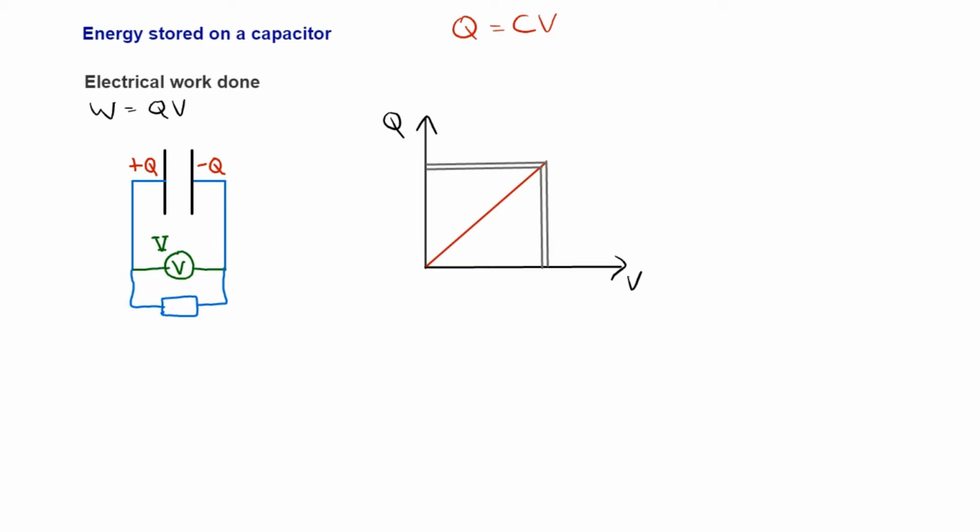So in other words, here my value of potential difference is about V, it's slightly less at the left hand side. And let's say that I've got here my little amount of charge, let's just call it delta Q, there.